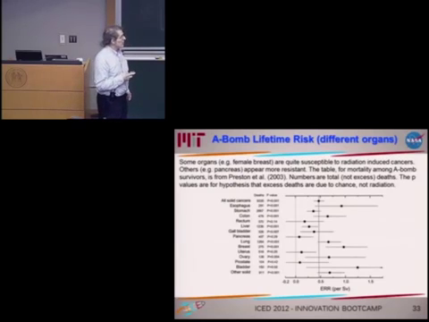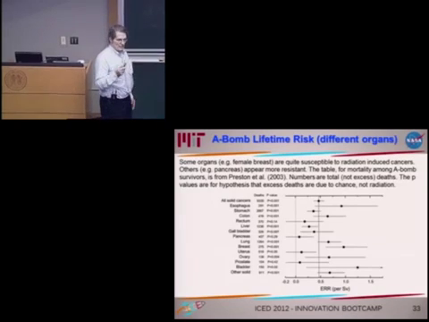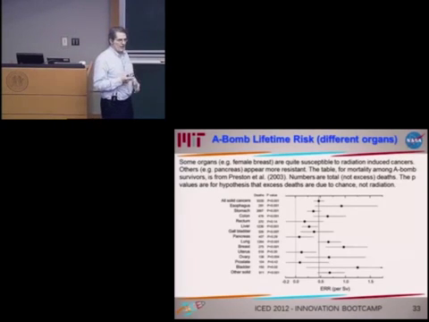So you're talking about already a small fraction, of which a fraction of that was radiogenic. So in the net, I think you're looking at about 500 cases or so out of about 100,000 that they're thinking can be attributable to radiation. So when all is said and done, these risk numbers aren't nearly as bad as they would seem. But suffice to say, we do have to think about organ specificity in these analyses.